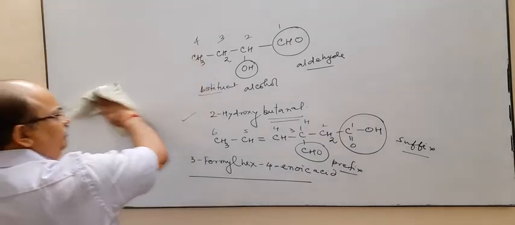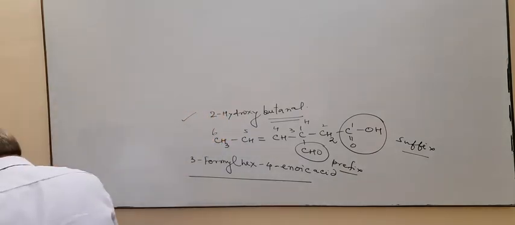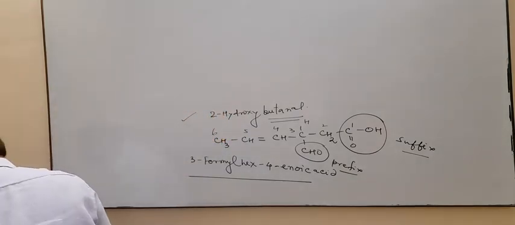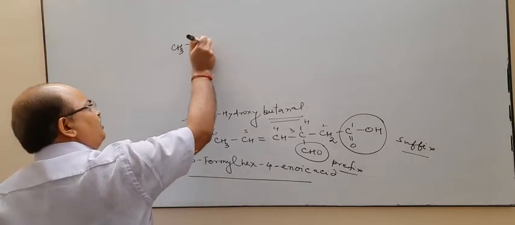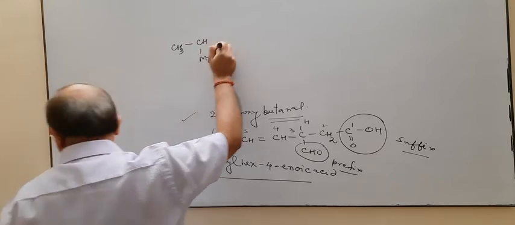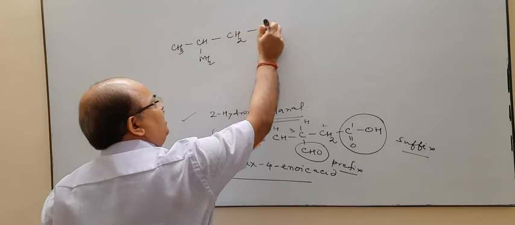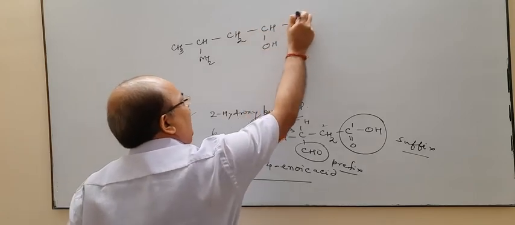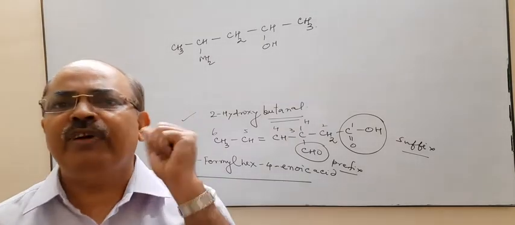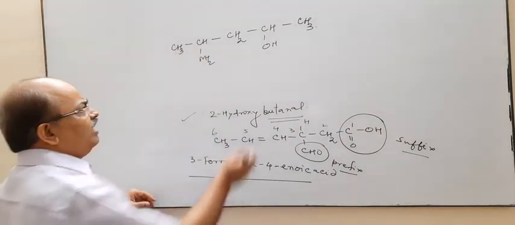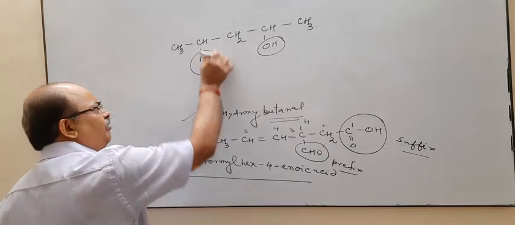Similarly, for example, if we have a compound like CH3, CH(NH2), CH2, CHOH and CH3. Here you will see two functional groups. One is the alcoholic functional group, another is the amino functional group.